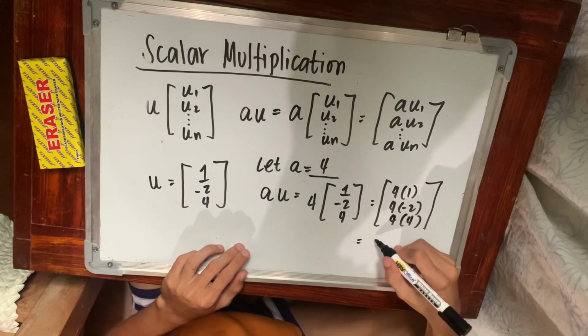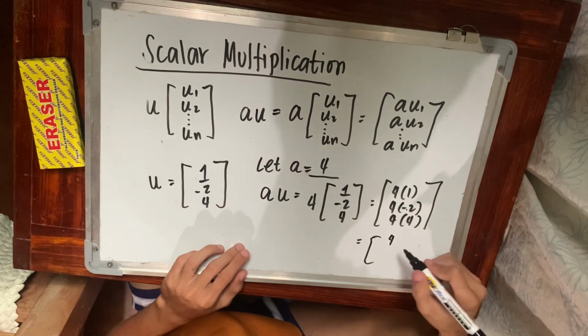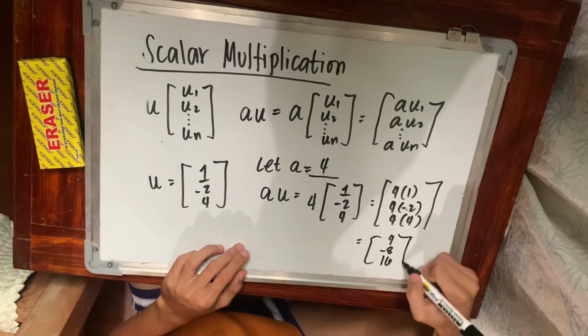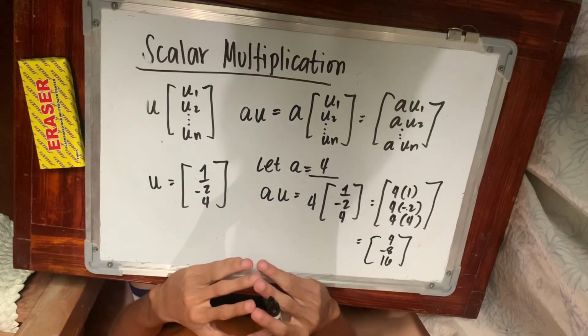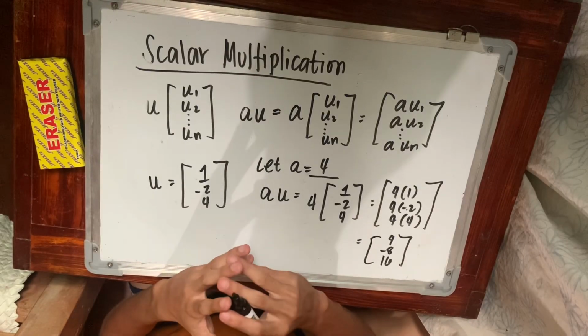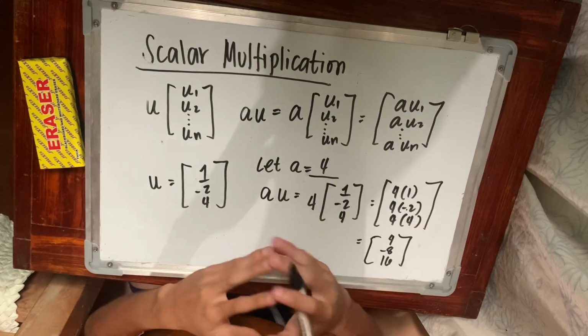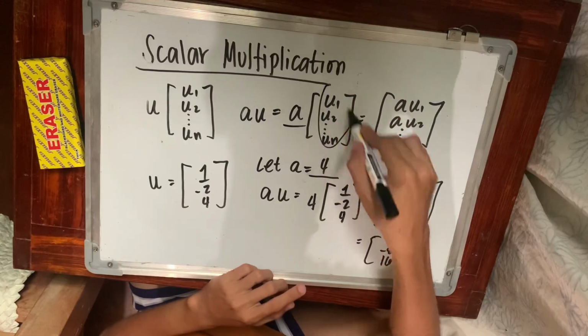So it is equal to 4 times 1 is 4, 4 times -2 is -8, 4 times 4 is 16. So this is how we do a scalar multiplication. And again, all you do is multiply a scalar to a vector.